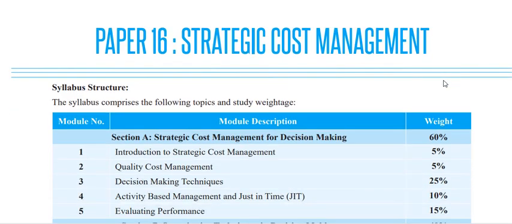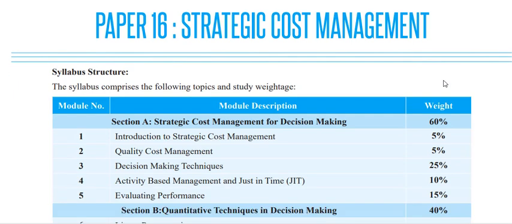This paper is basically broadly divided into two sections, namely section A, which bears 60% weightage in your examination, and section B, 40% weightage.